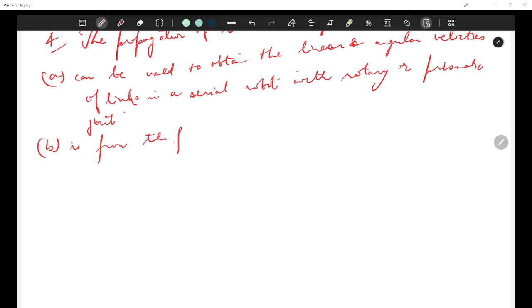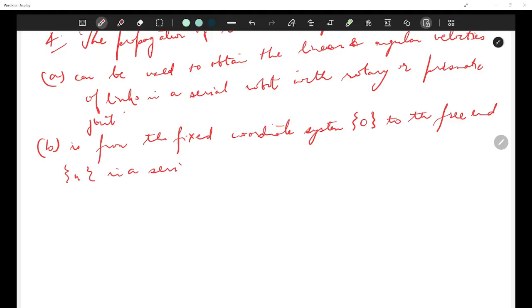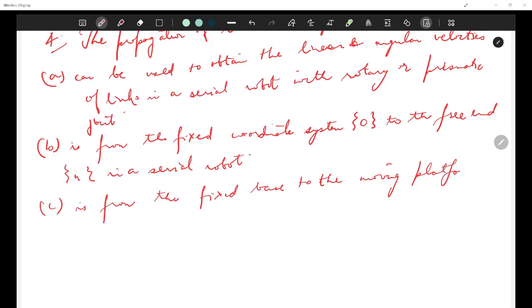It is from the fixed coordinate system 0 to the free end n in a serial robot, and from the fixed base to the moving platform in a parallel robot.